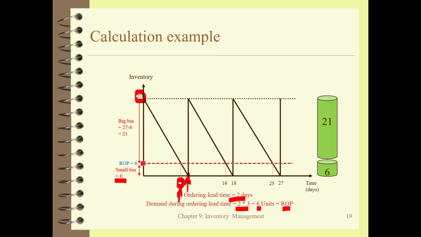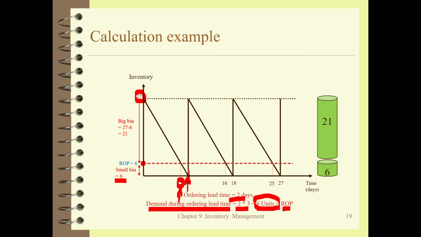The unit of lead time is days, but the unit of the reorder point is the number of items you are required to use during the lead time. Sometimes we call the reorder point the demand during the ordering lead time, because your lead time is 2 days and demand is 3 units per day, so the demand during the ordering lead time will be 6 units. This is the reorder point.